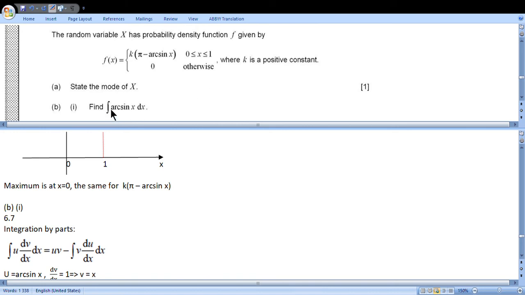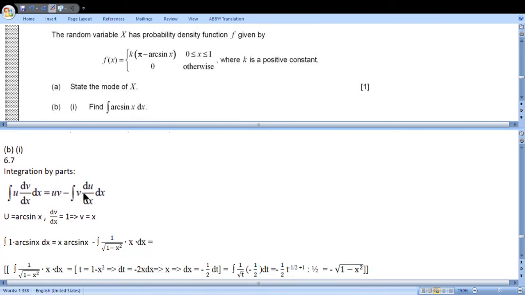Find the integral of arcsine of x. So here we will use integration by parts. u equals arcsine x, dv over dx equals 1, so v equals x. So the integral of 1 times arcsine x dx equals x arcsine x, that is v times u, minus the integral of the derivative of arcsine, which is this value, times x dx.